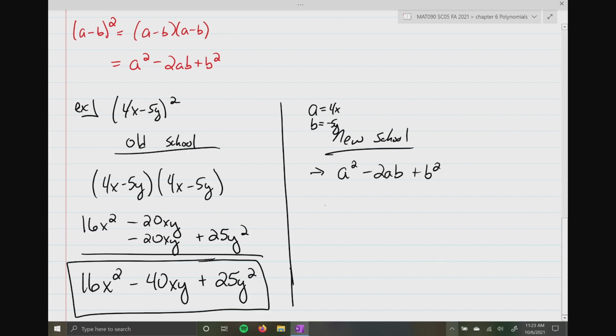So, before I do anything, I put parentheses first, and then I make my substitution. 4x and 4x, and then negative 5y and negative 5y. Now I simplify. The quantity 4x to the second power is 16x squared.